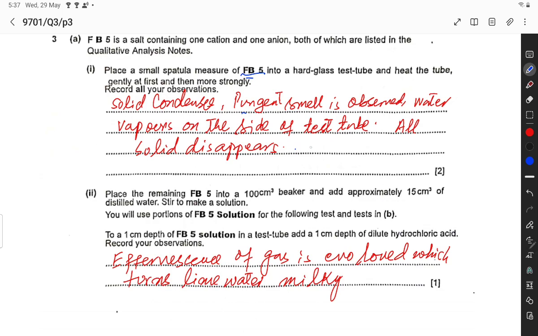So the gas evolved turns damp red litmus paper blue.